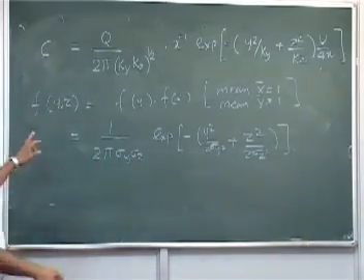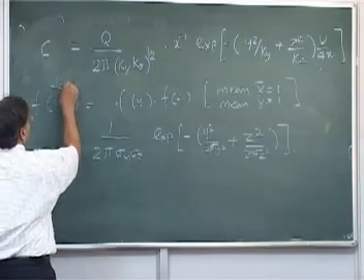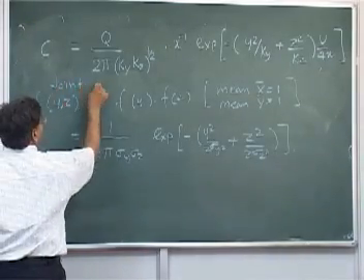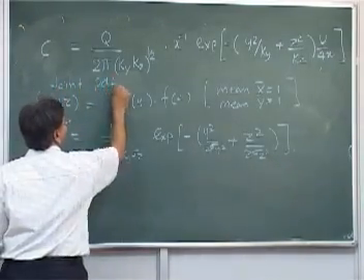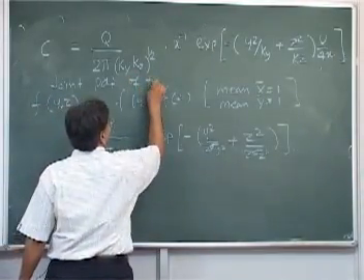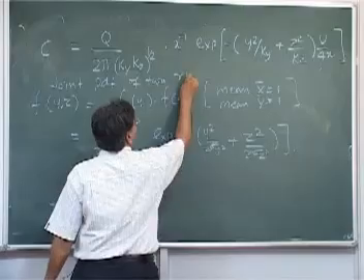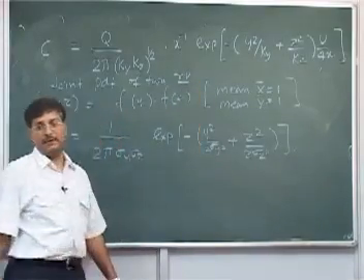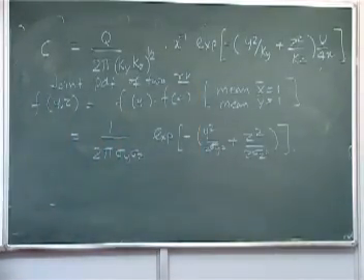So I am writing a joint probability density function of two RV. RV stands for random variables.